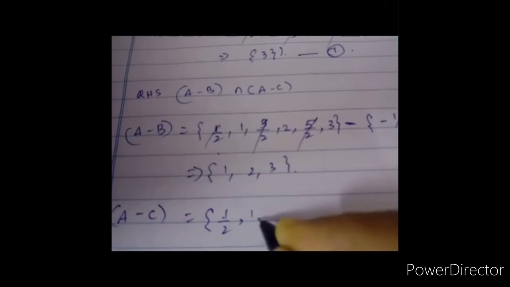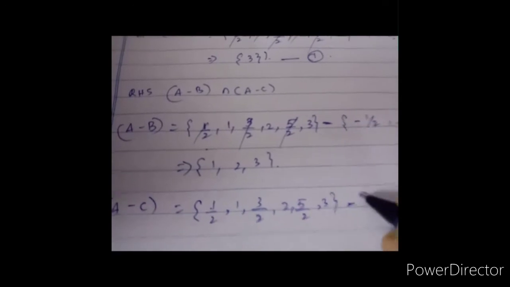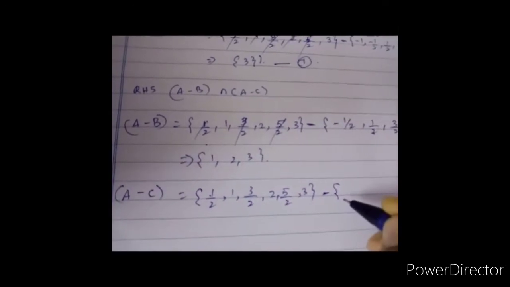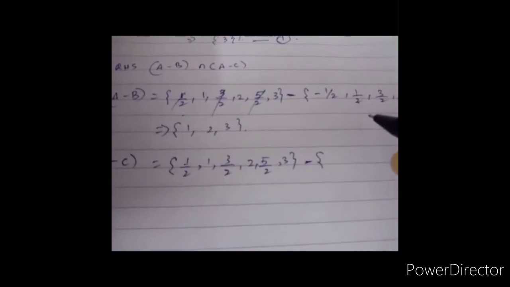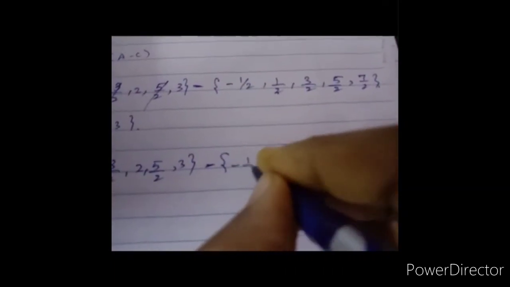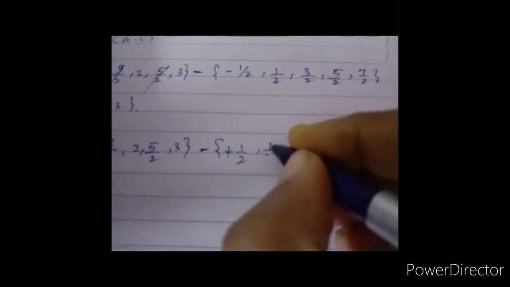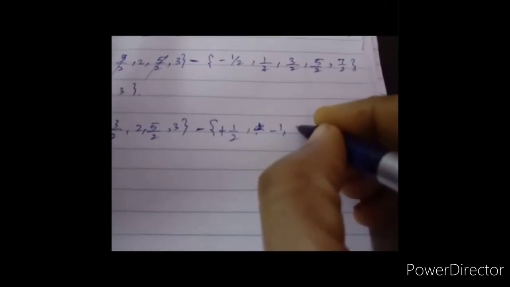Now A minus C, which is equal to: A value is 1/2, 1, 3/2, 2, 5/2 and 3, minus C value, which is -1, 1/2, 1, 3/2 and then 2.